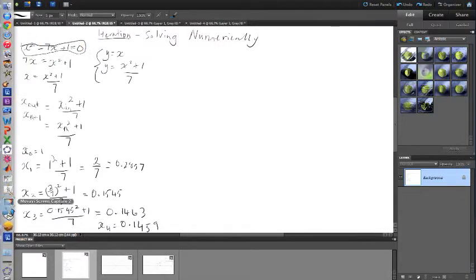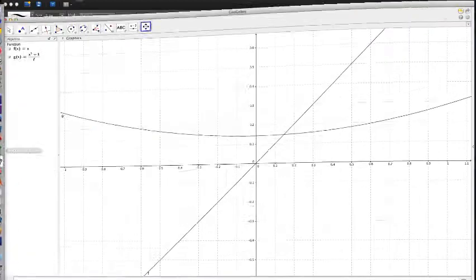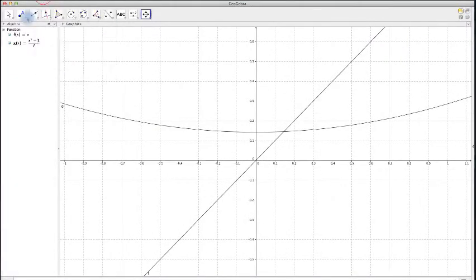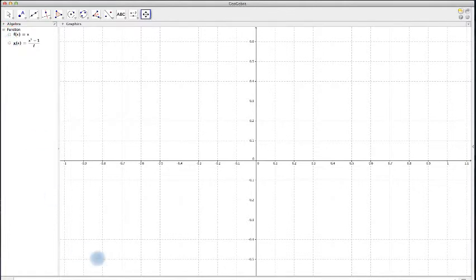Maybe I'll plot it for you now just to prove that that is true. Let's just hide these. Okay, so our equation was x squared minus 7x, 7 times x, plus 1.